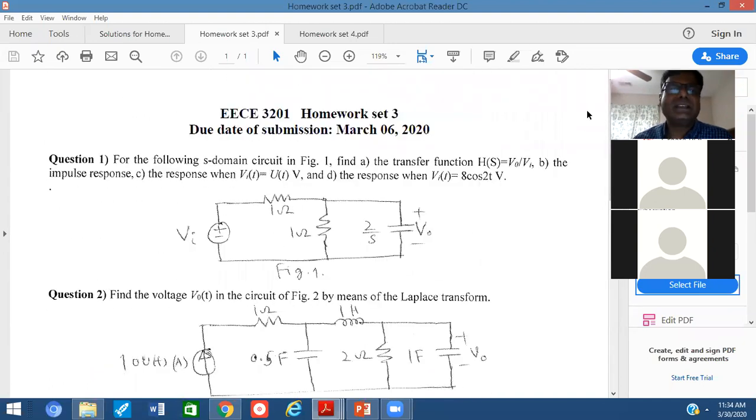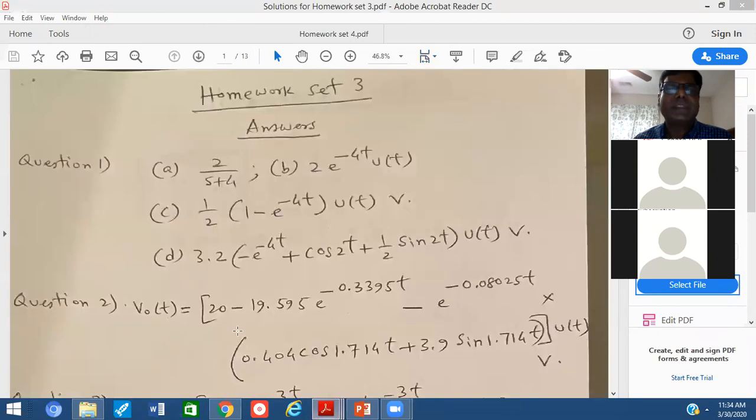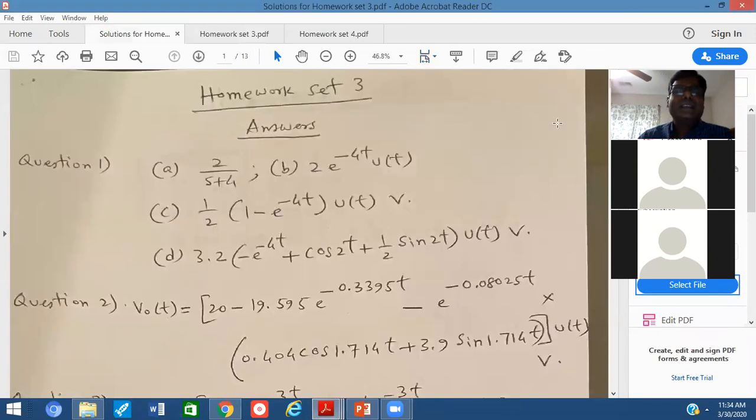Let me discuss. Everybody see, first of all, here are the solutions for homework set 3. In the first slide, I am writing the correct solution.